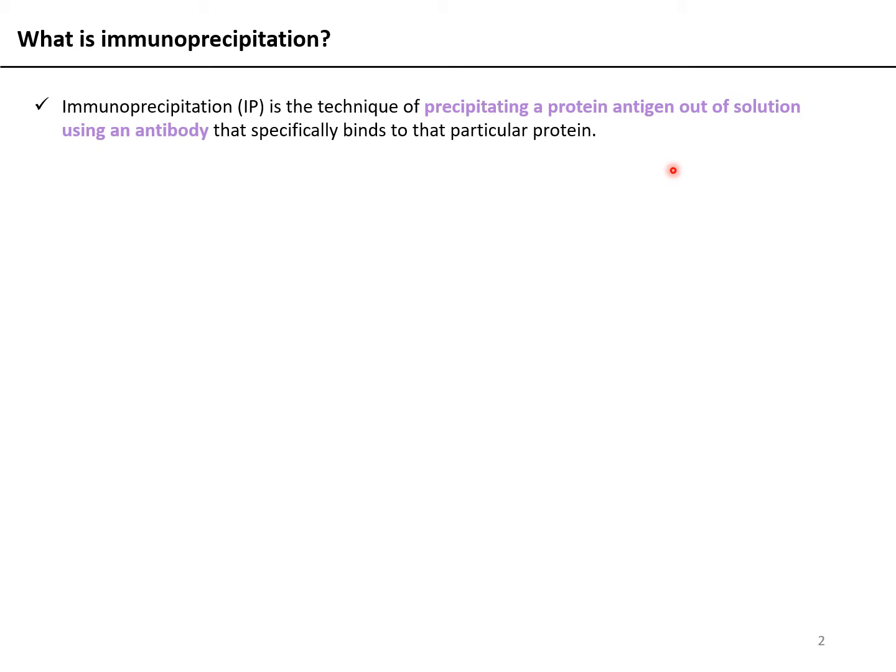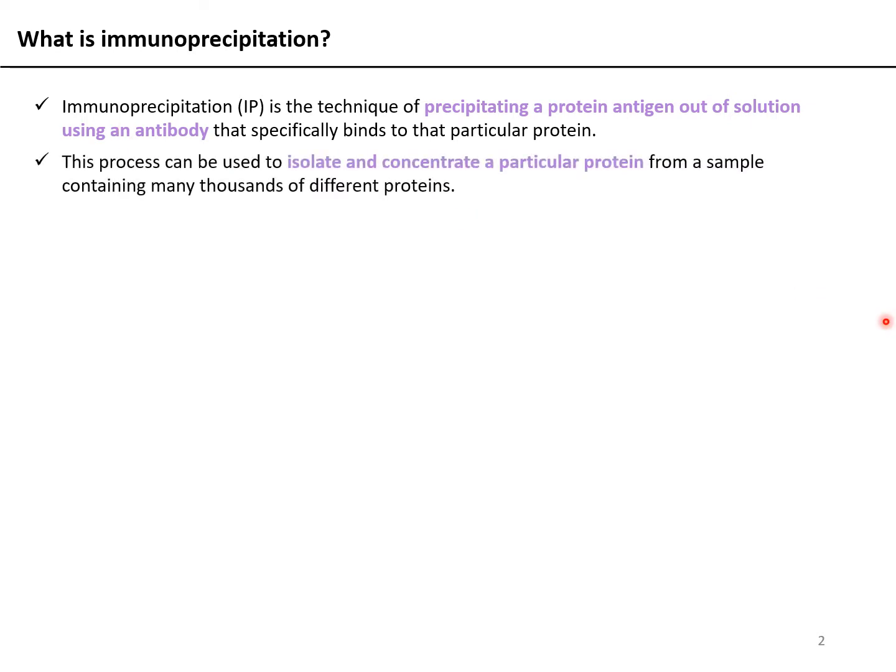If we break the word and look into its etymology, we have immuno, which means the use of antibodies, and precipitation. So immunoprecipitation refers to precipitating a protein of choice, the antigen, out of solution with the help of antibodies.